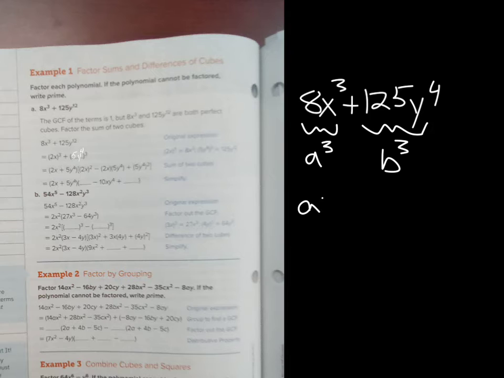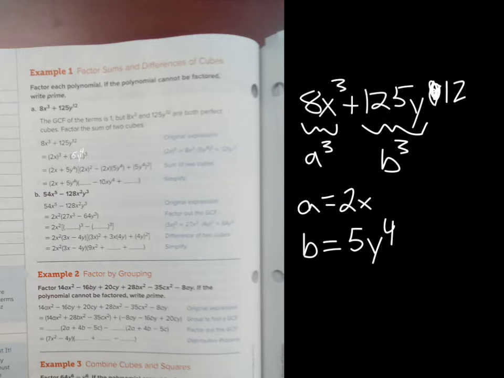My a would be the cube root of 8x cubed, so 2x. My b would be the cube root of 125y to the 12th, which would be 5y to the 4th, right? We just did that. The book did it basically the same way.